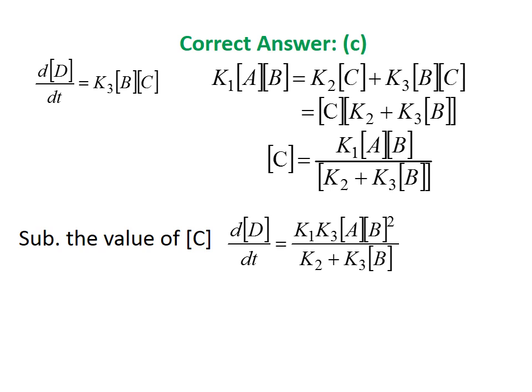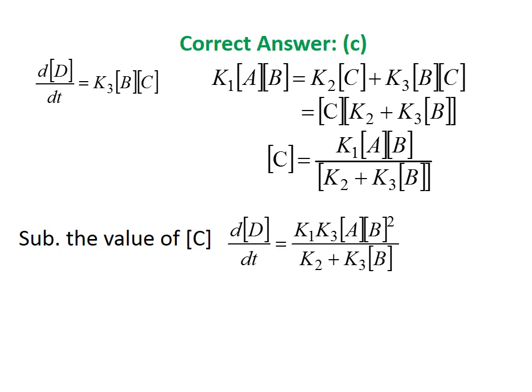The first one, K1 into concentration of A into concentration of B, is the rate of formation, and K2 into C plus K3 into concentration of B into C is the rate of disappearance. From the right hand side you take concentration of C out, it gives concentration of C into K2 plus K3 into B. From that, concentration of C will be equal to K1 into concentration of A into concentration of B divided by K2 plus K3 into B.